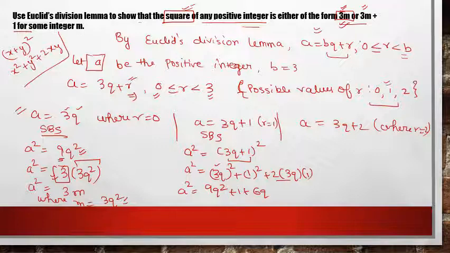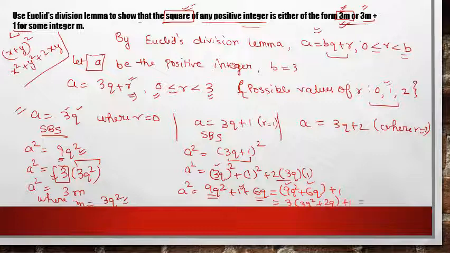But what do we want now? 3m plus 1. Correct? So 1 we have got. Now with these two we have to make 3m. And how can it be possible? So if you put 9q square and 6q together and 1 separately, and if you take 3 as common, what is left? 3 3s are 9q square plus 3 2s are 6q plus 1.